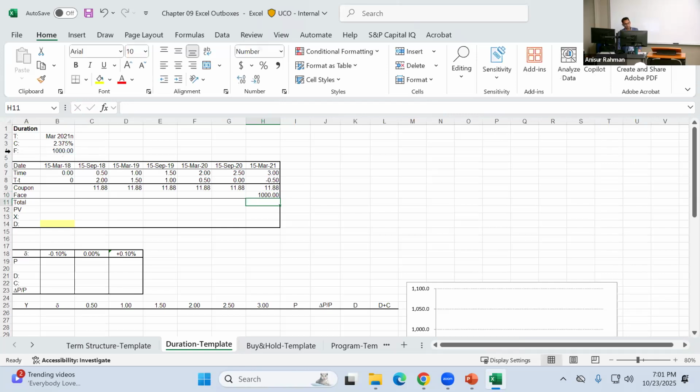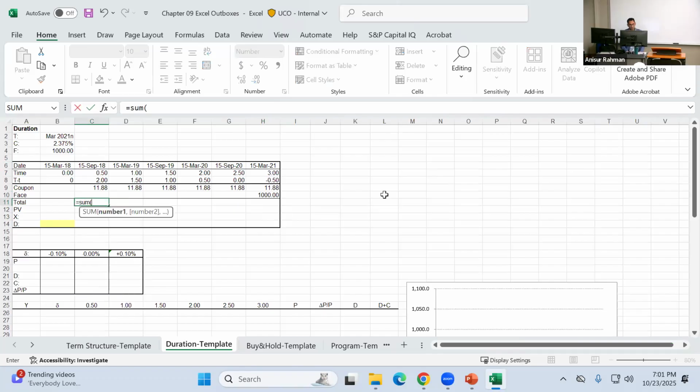So now we are going to find out our total cash flows, the sum of these two.